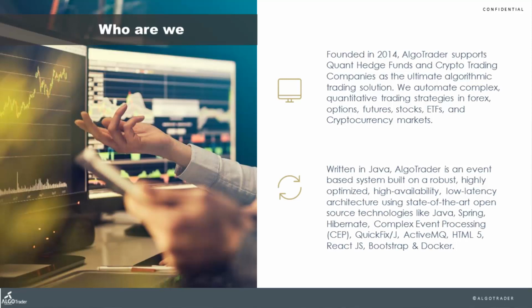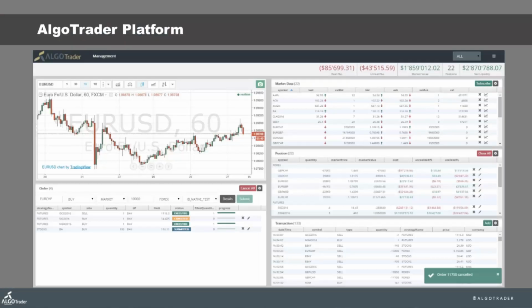And we are using Docker for server-side deployments. So this is what the product looks like. This is the trading UI, the live trading management UI for the system. So it's a typical trading screen that some of you might have seen from banks.